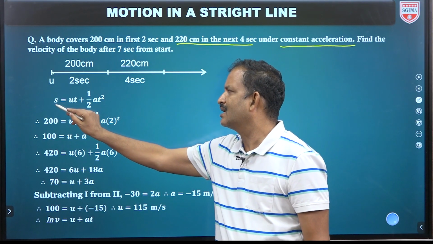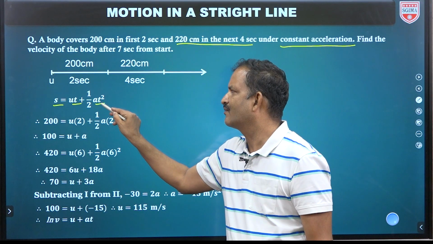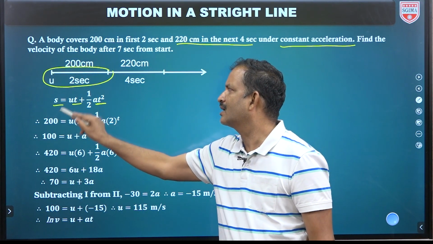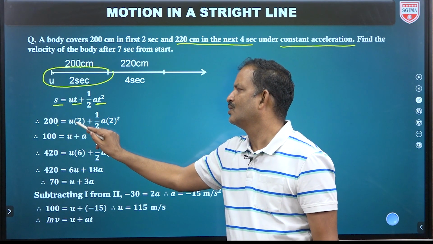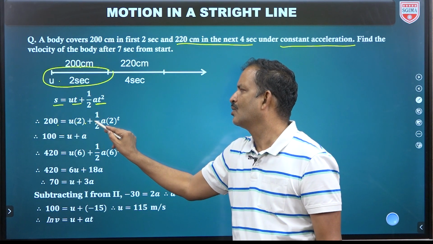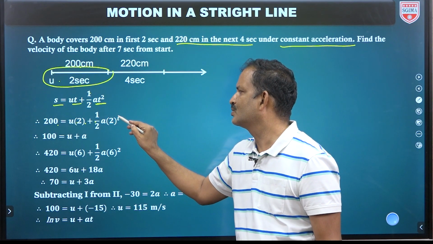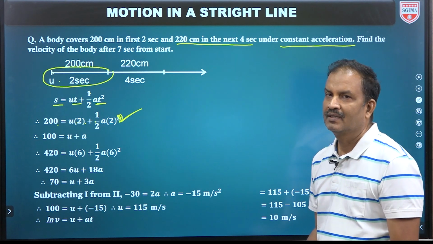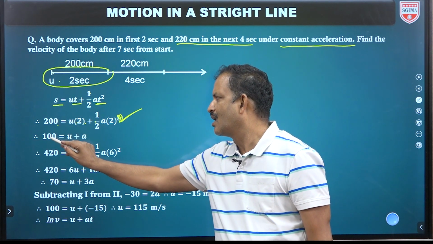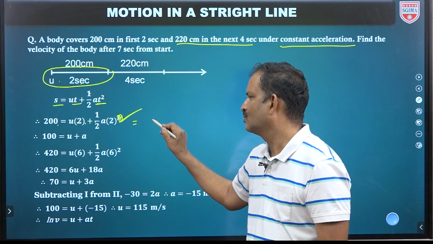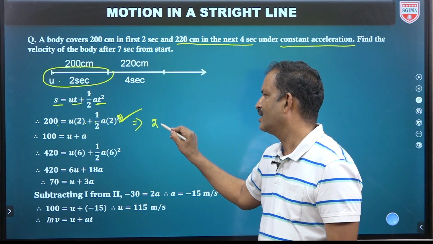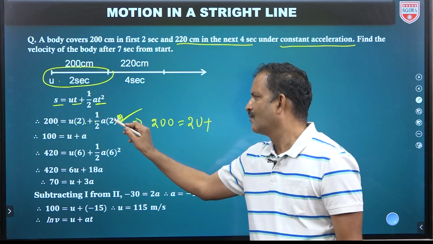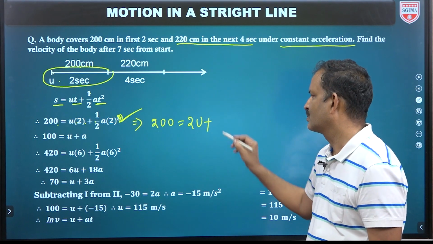So, in t seconds, again I am using s is equal to ut plus half a t square. First, I am considering this one. Here, 200 centimeters, u into 2 plus half a into 2 square. So 200 is equal to 2u plus 4 by 2, which means 2a.